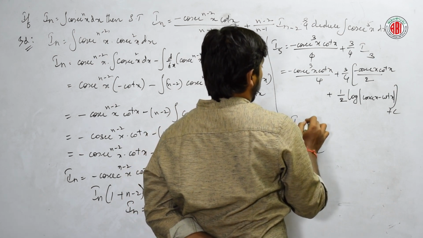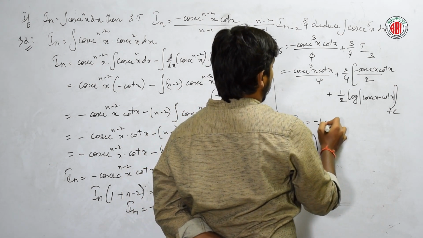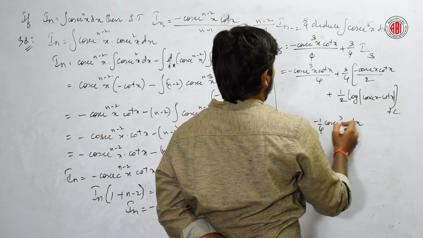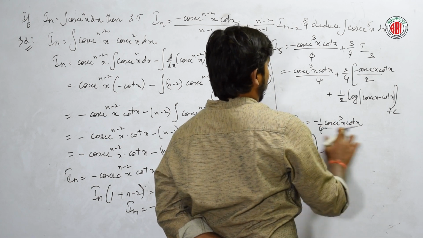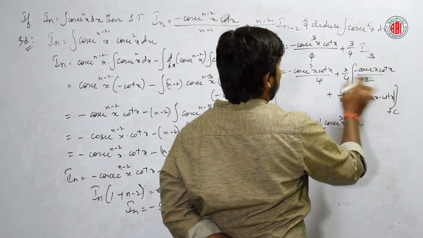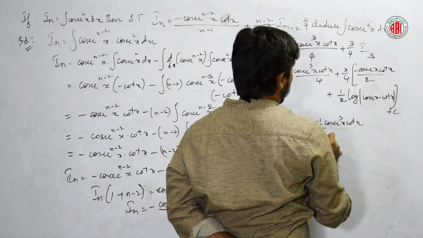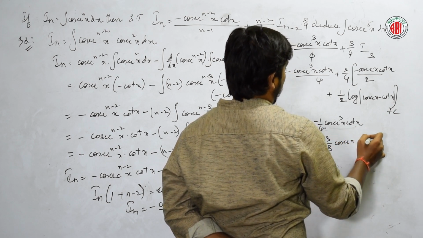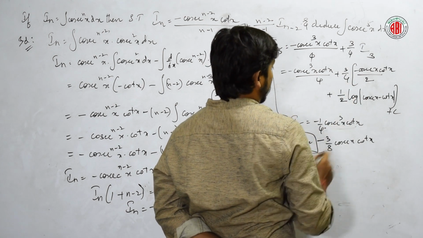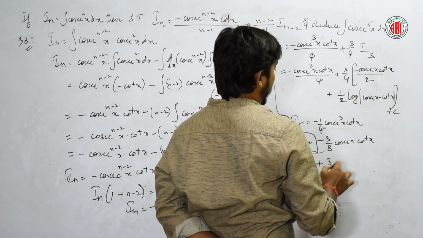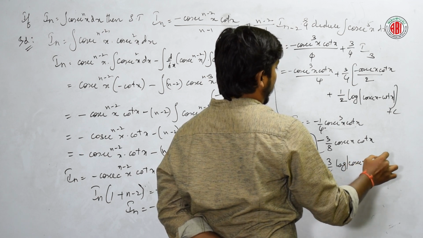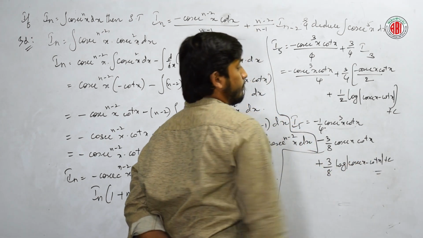Therefore, I5 is minus 1 by 4 cosecant cube x cot x, there is already by 4, right, plus 3 by 4 into 2, that is minus 3 by 8 cosecant x cot x, with this plus 3 by 8 log cosecant x minus cot x plus c. Is it right?